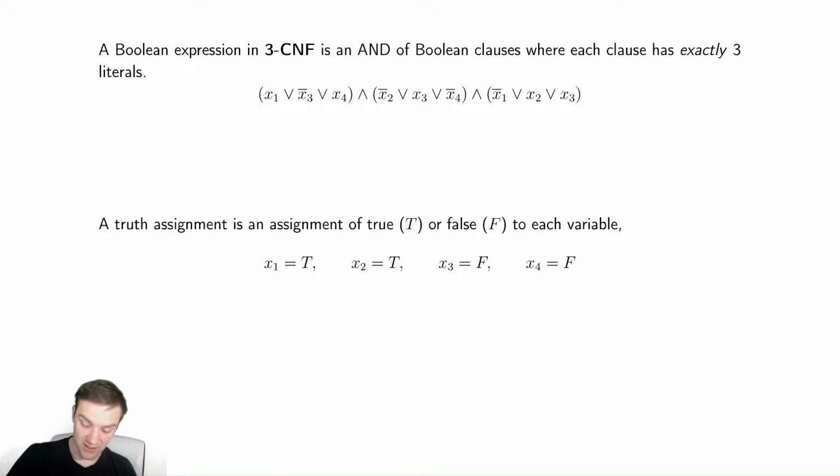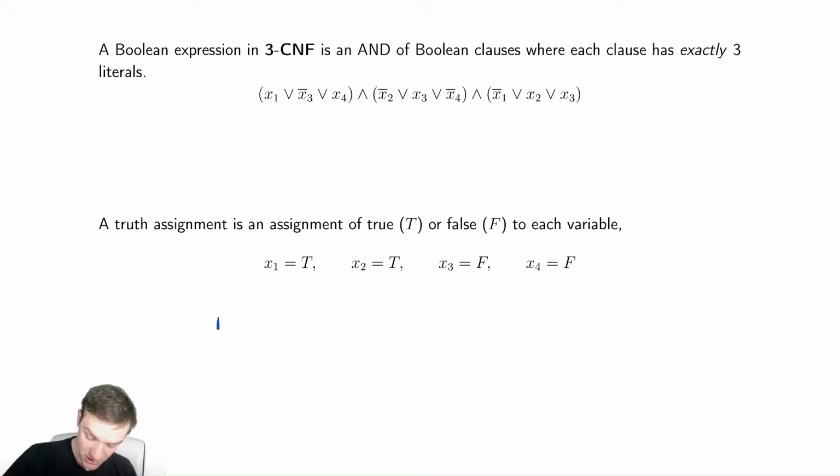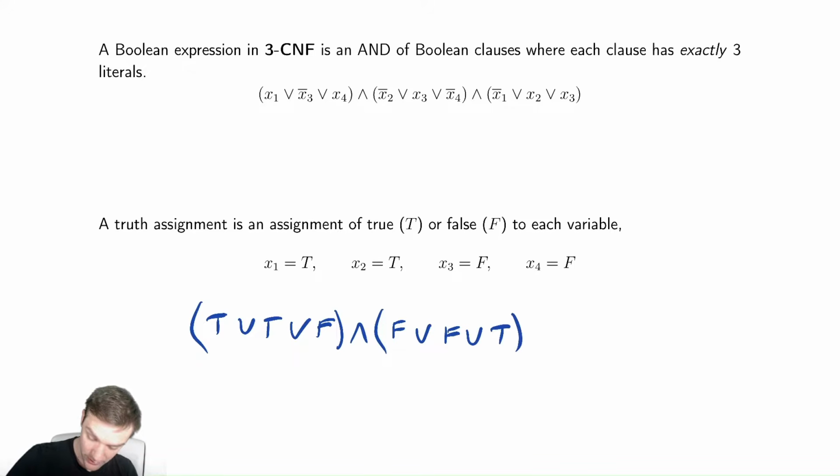So let's do that. We're going to analyze what this truth assignment evaluates to for this expression. So let's see if we had x1 is true, or x3 is false, so not x3 is true, or x4, which is false, and x2, not x2, or x3, or not x4, and not x1, or x2, or x3.